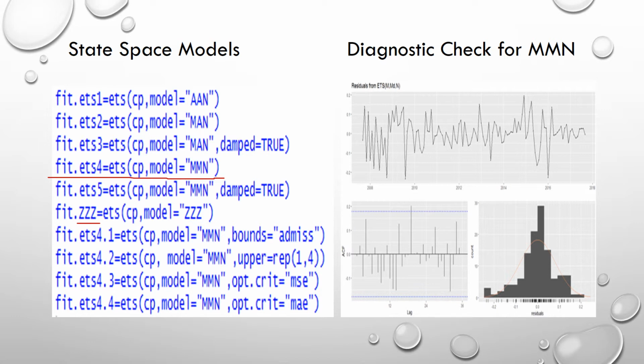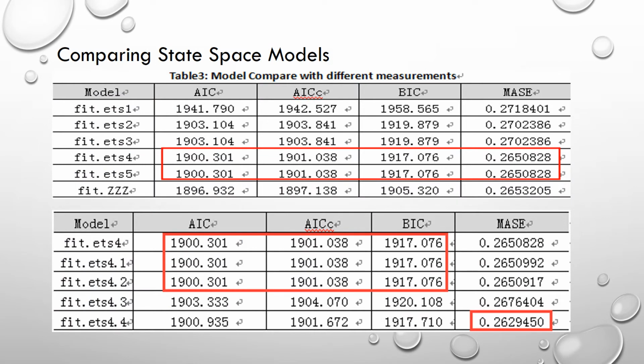And we see in the residual check there is just a slight lag in the ACF, and it still can't solve the problem about the intervention. It's not random in this part. And we see models 4 and 5 have the same value for different measurements. It means the damping doesn't make sense for this one.